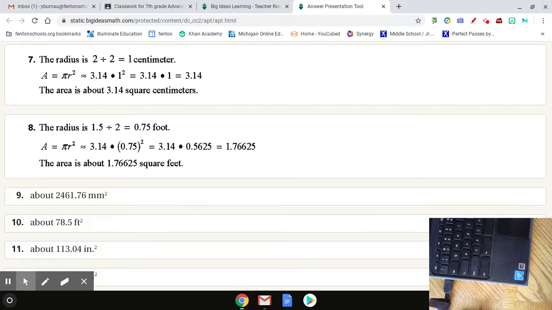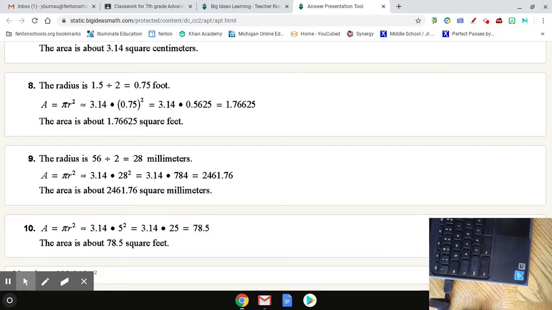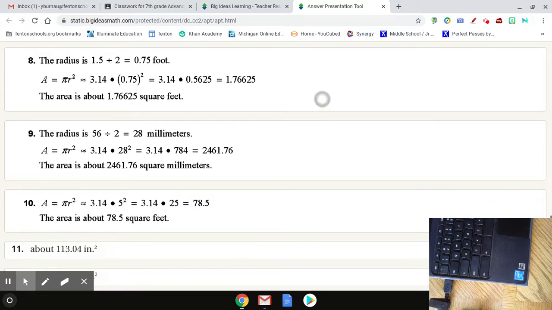Number eight, 1.76625. If you rounded it to 1.77, that would be fine too. All right, number nine, the area is about 2,461.76 square millimeters. And number 10, 78.5 square feet.